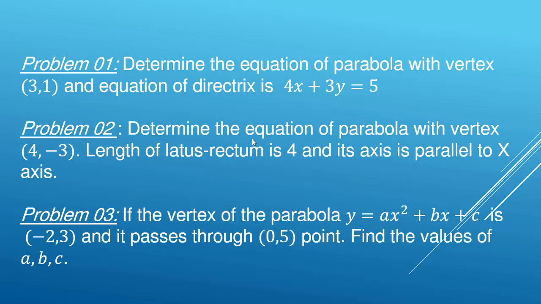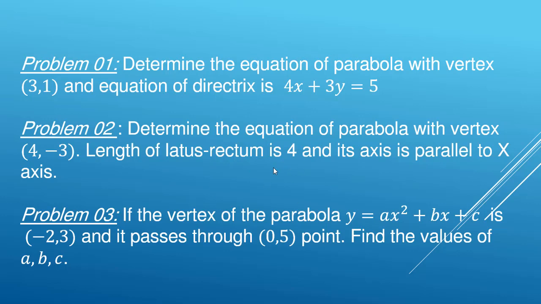If the axis is parallel to the x-axis, then our equation was (y minus beta) whole square is equal to 4a (x minus alpha). So use that formula.